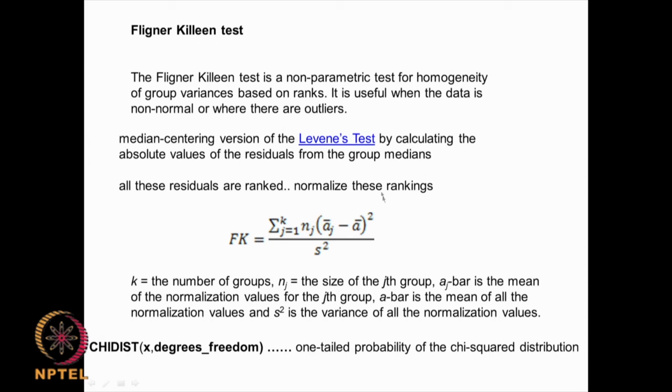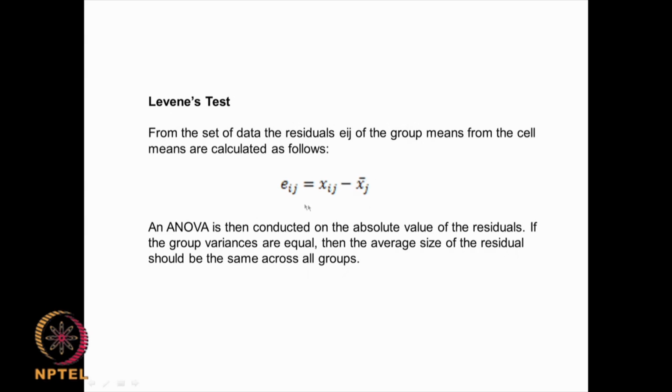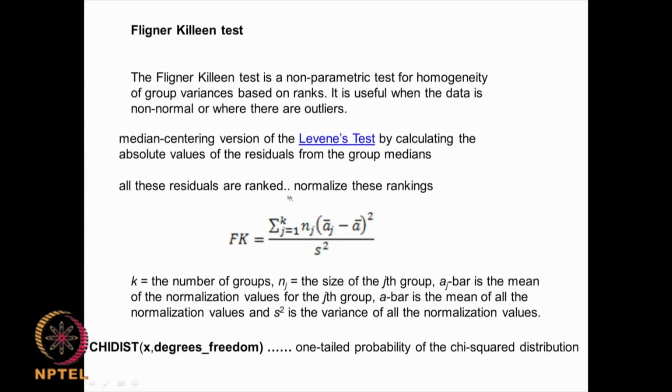Okay, we can do this, and after that we can check it using the chi-square distribution, the one-tailed probability of the chi-square distribution, to see whether they follow the chi-square distribution. As simple as this. You understand? So, you have the Levene's test, which looks at the residuals from the average values and then performs an ANOVA, or we have the Fligner-Killeen test, where we are looking at the FK, which is the statistic.